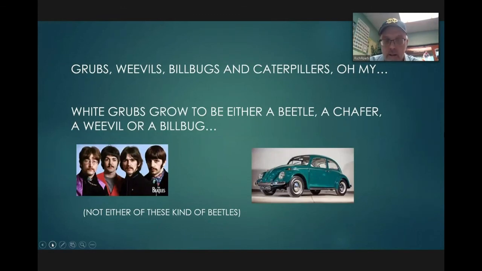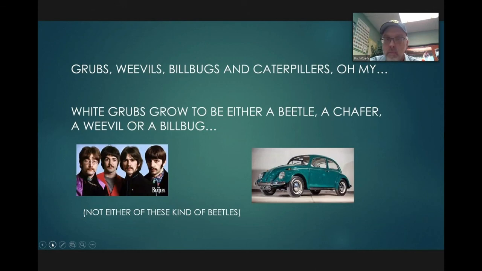If it's not a mite and it's a bug in the lawn, it is probably either a bill bug or a weevil. That's what happens to grubs when they grow up. They become either a beetle, a chafer, a weevil, or a bill bug, depending what type they are. Grubs are little small grains of rice that are usually underneath the turf at that point in their life. And then when they grow up, they become a beetle, such as a Japanese beetle, which we have a lot of here in Denver.